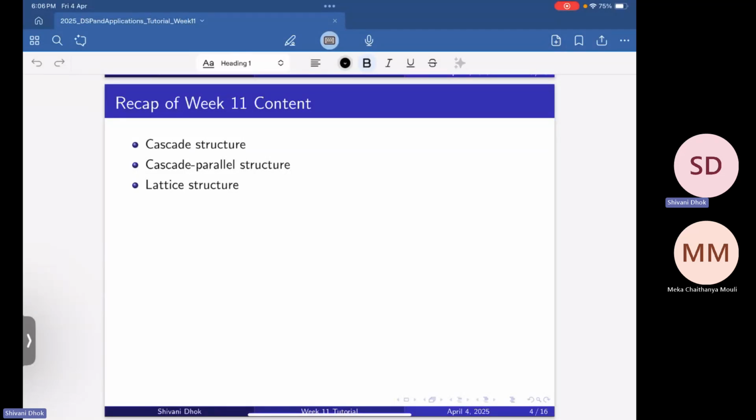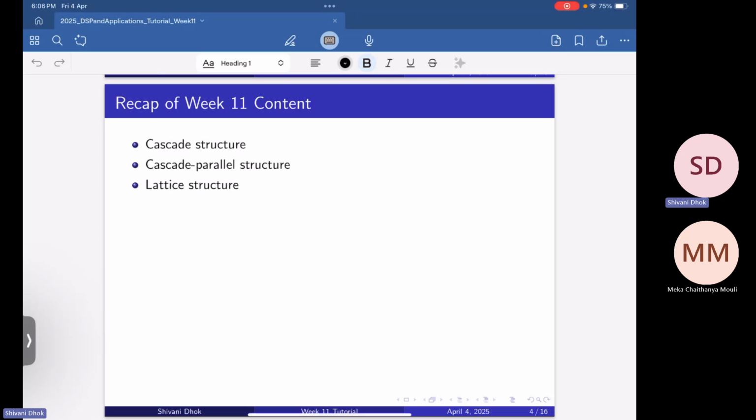In the last lecture, we saw two forms, direct form 1 and direct form 2, which we can use to realize any filter in an efficient way with fewer resources. In this week, we then looked at three more structures: the cascade structure, the cascade parallel structure, and the lattice structure.